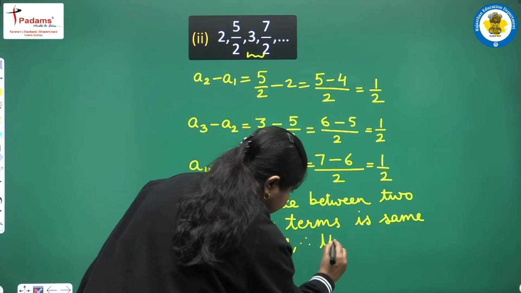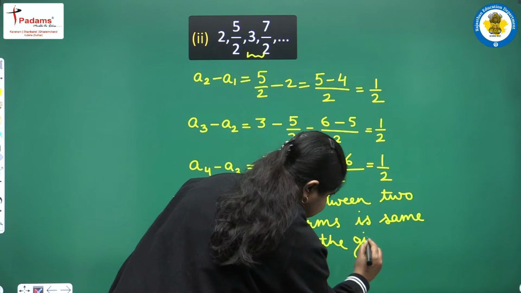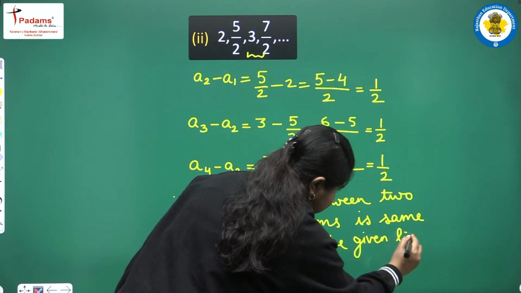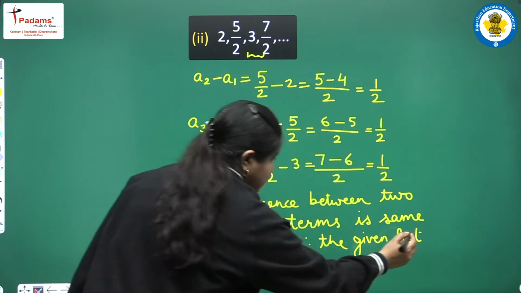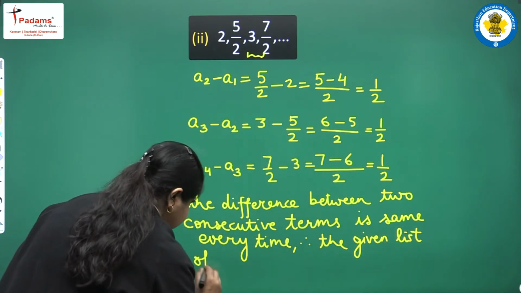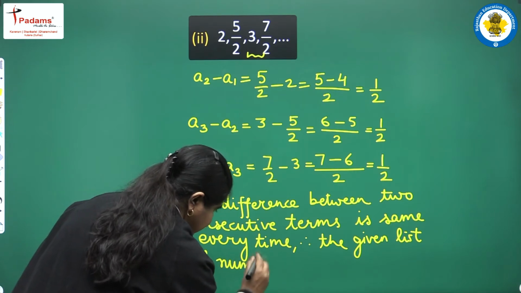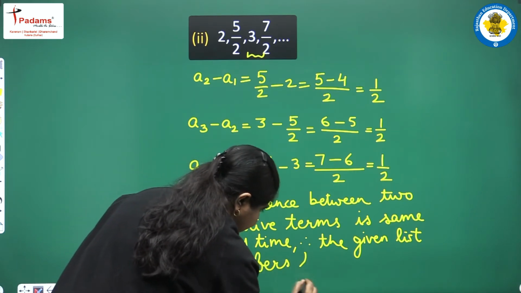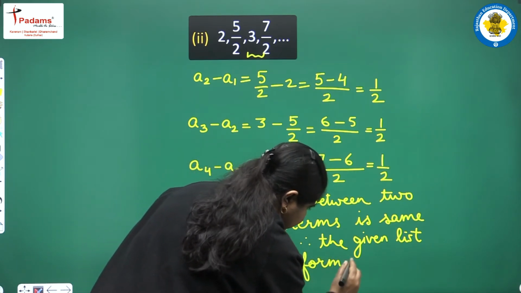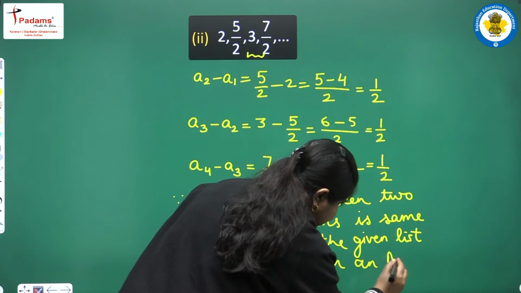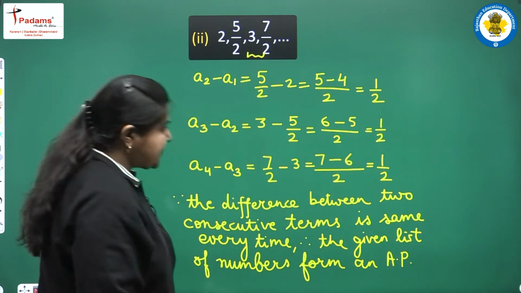Therefore the given list of numbers form an AP. और अब क्योंकि ये AP है तो हमसे कुछ टर्म्स भी पूछी थी.